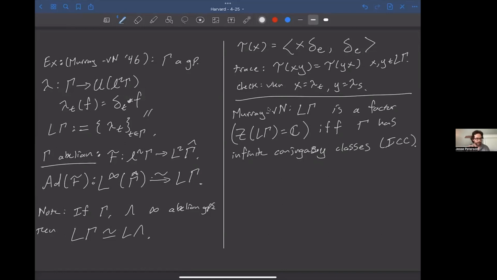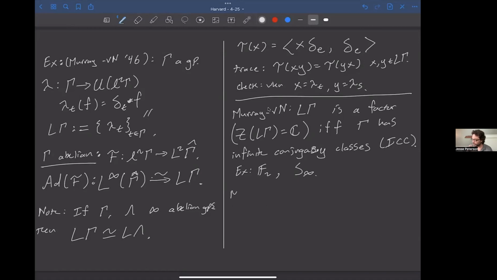So for example, free groups are ICC, that's easy to see. And another example is, say, the infinite symmetric group of finite permutations on the natural numbers. This is also not difficult to see that this is ICC.